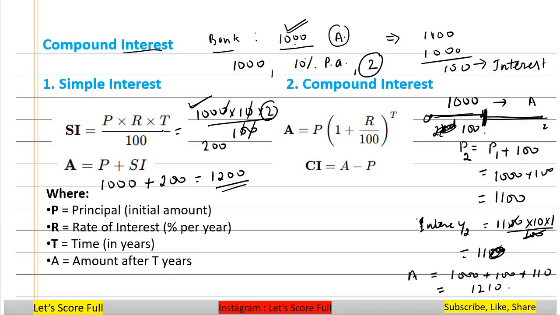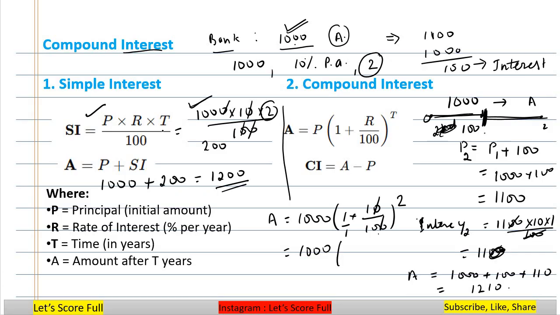Here if I use the formula, A is the amount. We have the formula for simple interest directly, but this is the formula for amount. We substitute the values here. A is equal to P, that is principal, 1000, into 1 plus rate of interest 10 over 100, to the power of time period 2. So when I solve this, the zeros cancel.